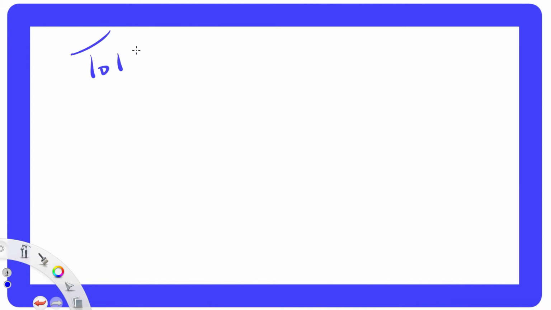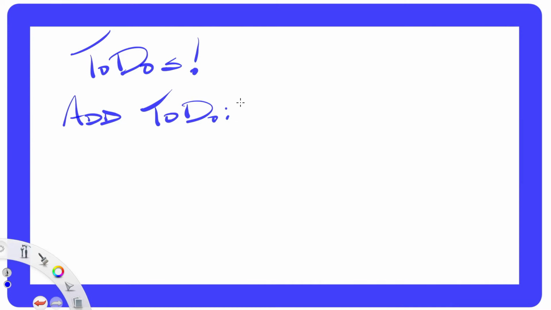And so it will have a title, To-Dos. And at the top of our user interface, we will include the ability to add a to-do with an input box. All right.